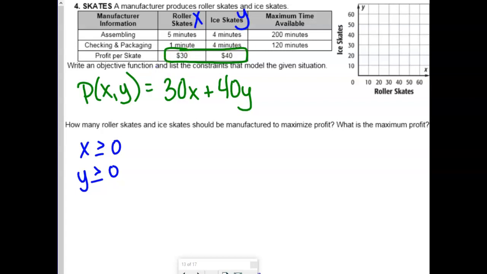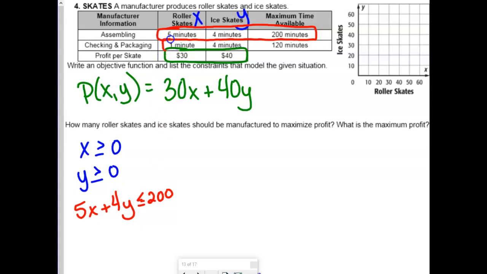So let's talk about this first row of information about assembling. So 5 minutes for every roller skate pair, and then 4 minutes for every ice skate. And they have up to 200 minutes available in their time. So less than or equal to 200.